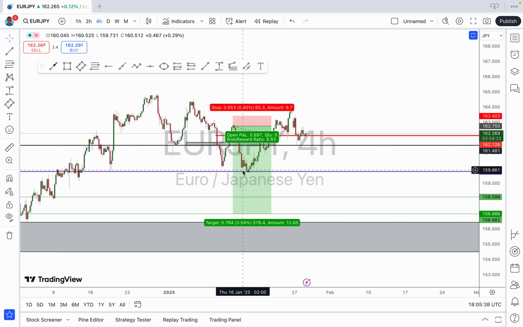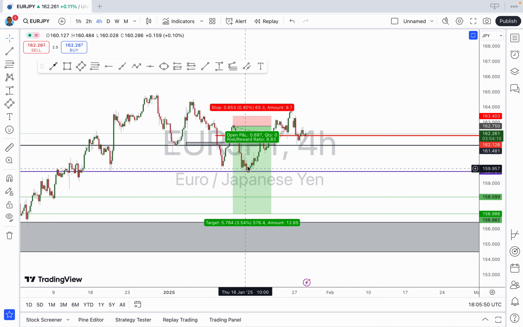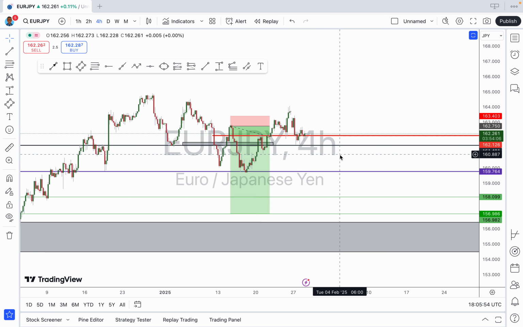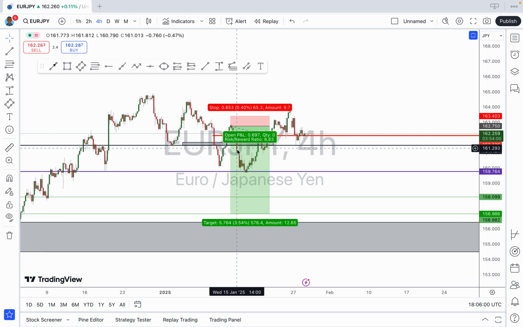And I was good with that because I had my eyes on another entry that would come once we retraced for a lower high. We got in here and then we started to tank downwards.